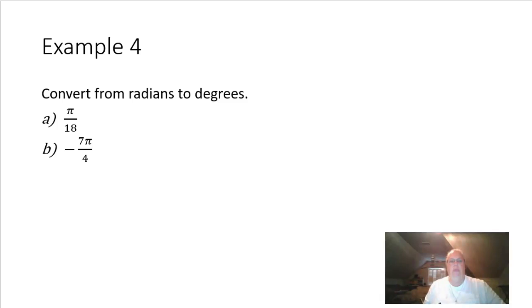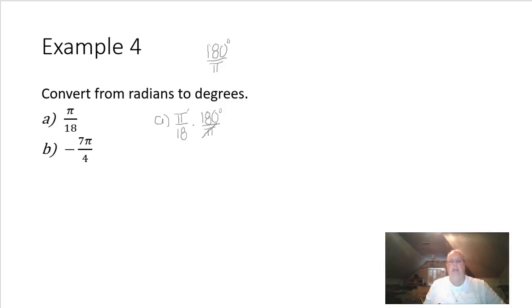Okay, now for example 4, we're going to do exactly the opposite of that. We have angles measured in radians. Now we're going to convert them into degrees, and we're going to multiply by the ratio 180 degrees divided by pi. All right, for part A, we're going to take pi divided by 18. We're going to multiply it by the ratio 180 degrees divided by pi.